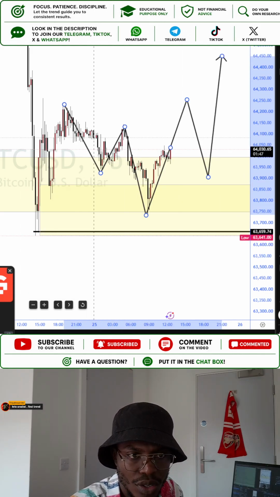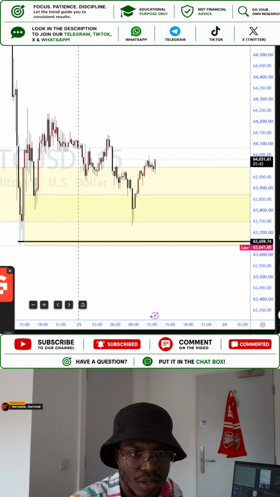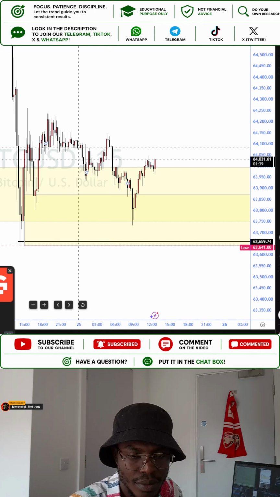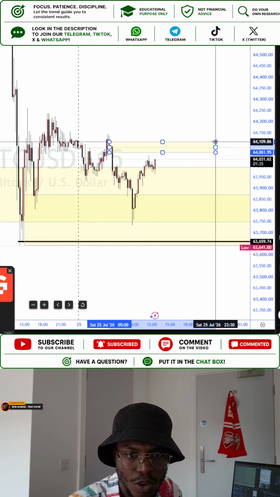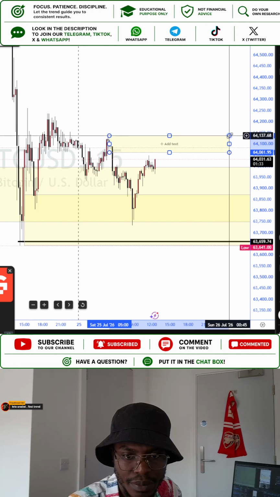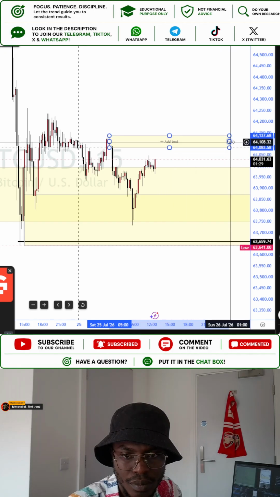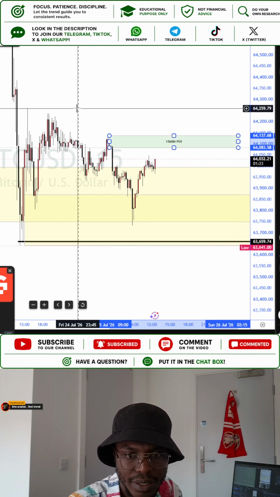So now what I am thinking is I'll draw my important areas here. So this is one of my important areas. That's one of my 15 minutes POI.